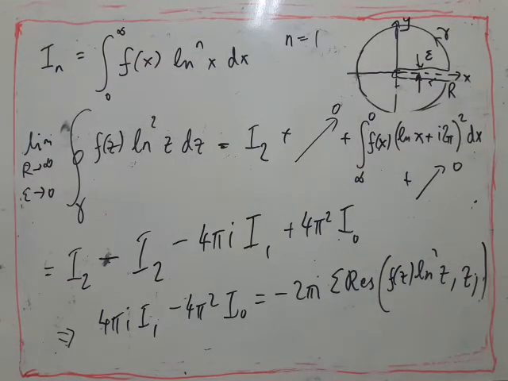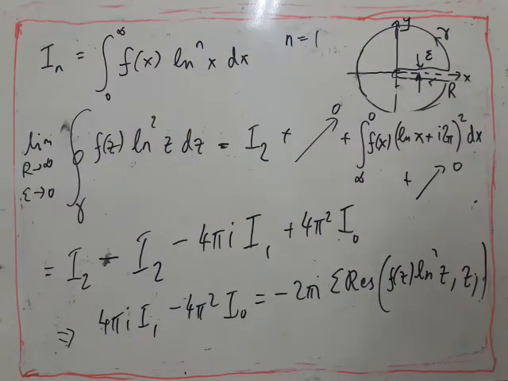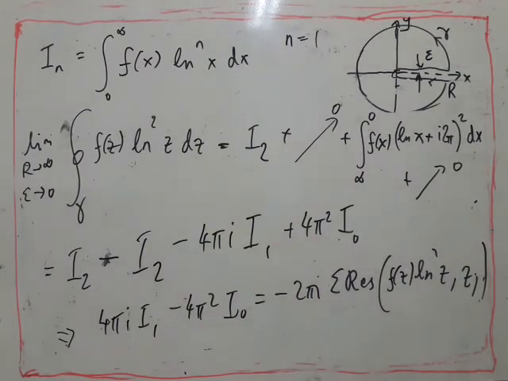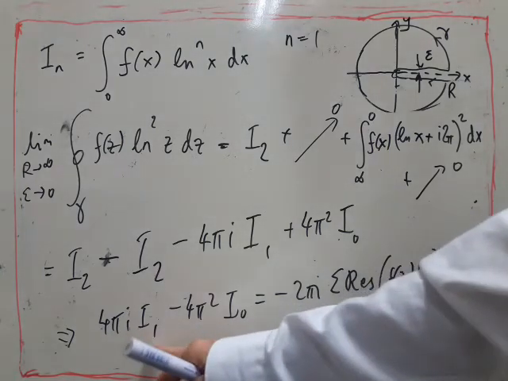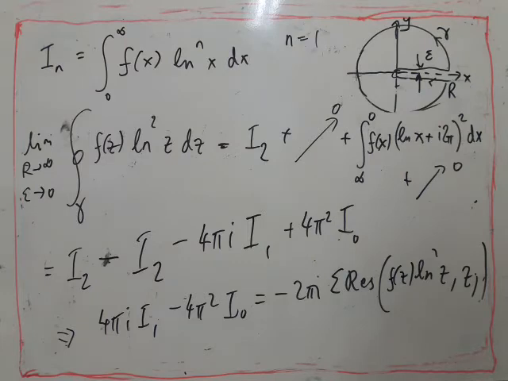Okay. Now the trick here is to notice that, well, presumably f is going to be real. That means I_n are all real. So this I1 is real, this I0 is real, which means that we can take, if we want I1, imaginary parts of both sides.